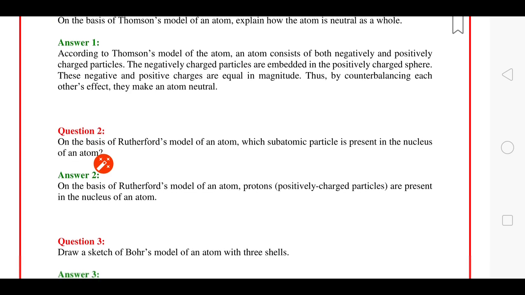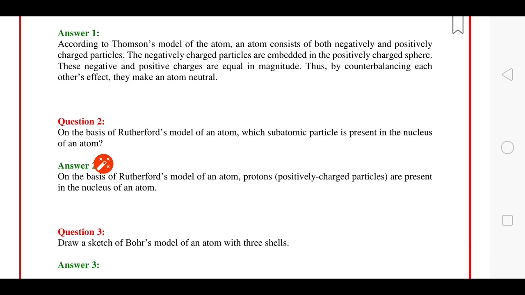Answer is, according to Thomson's model of atom, an atom consists of both negatively and positively charged particles. The negatively charged particles are embedded in the positively charged sphere. These negative and positive charges are equal in magnitude. Thus, by counterbalancing each other's effect, they make an atom neutral.